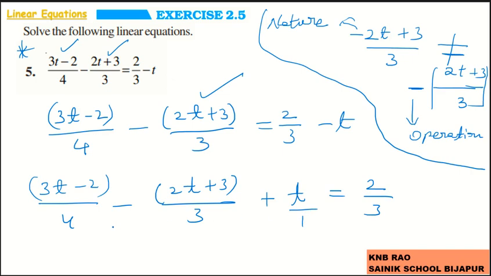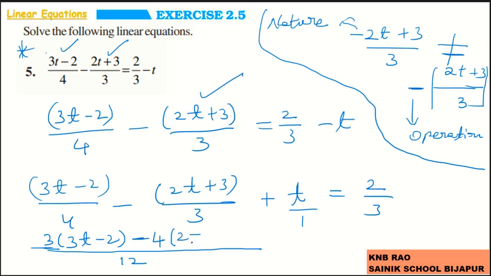Now the LCM in the left hand side I have taken, which is 12, and here this (3t minus 2) binomial with the denominator 4 gives me (3t minus 2) multiplied by 3, because 4 in 12 is thrice, that 3 multiplies the numerator, minus this 3 for 4 times in 12, that 4 multiplies this, which means minus 4 times of (2t plus 3), and here 1 for 12 times in 12, that 12 will multiply this plus t, which means plus 12 times t equals 2 upon 3.